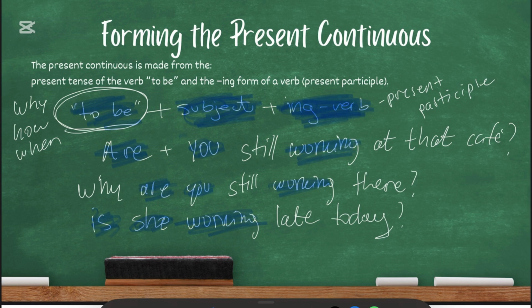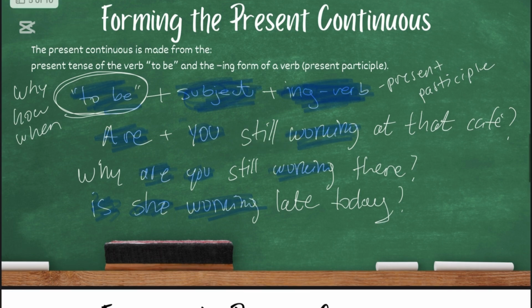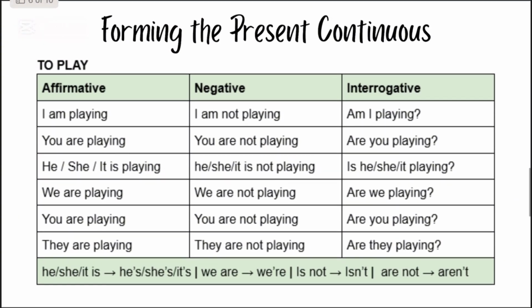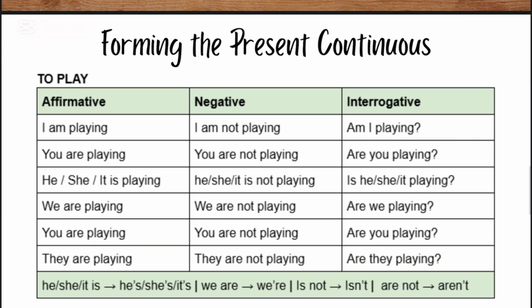But that's okay. Here's also a table that could be useful. What's visible here, and I didn't mention it before in the video, is that mostly you would see the short form used.